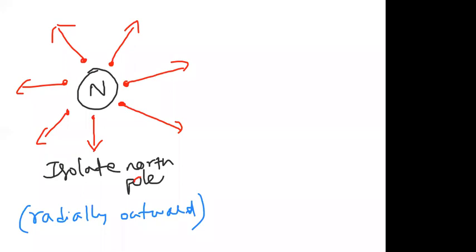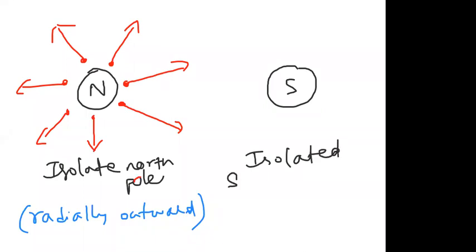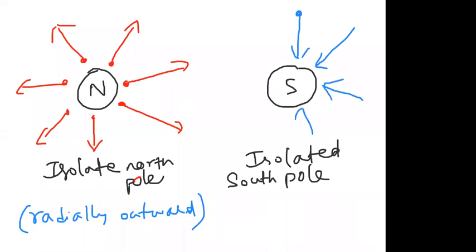If you take an isolated south pole, just as the previous isolated north pole, what is the direction of field lines? I imagine a unit north pole here. North will attract towards south. So all the field directions are towards the south, radially inward.